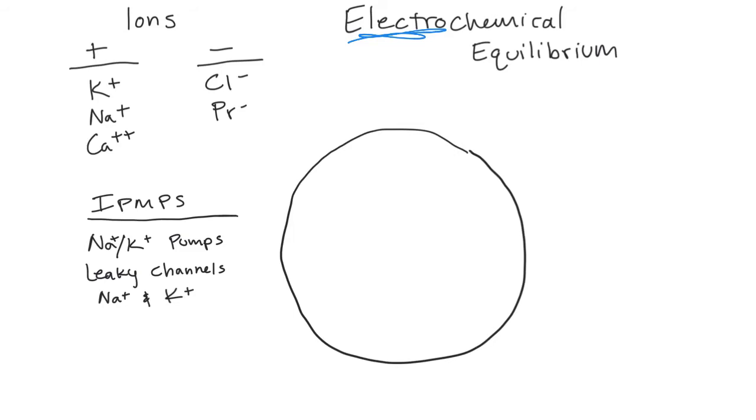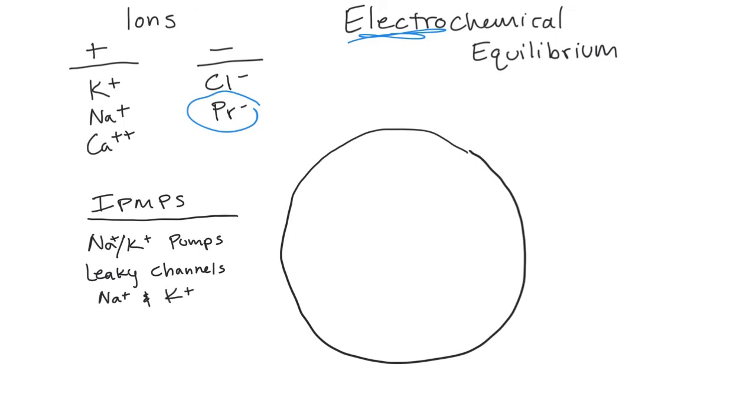Difference in charge inside and outside of the cell. Now, this stands for proteins. Proteins are not ions, but we're just throwing them in there because they also affect the charge of the cell. And the proteins affect the charge more than anything else.